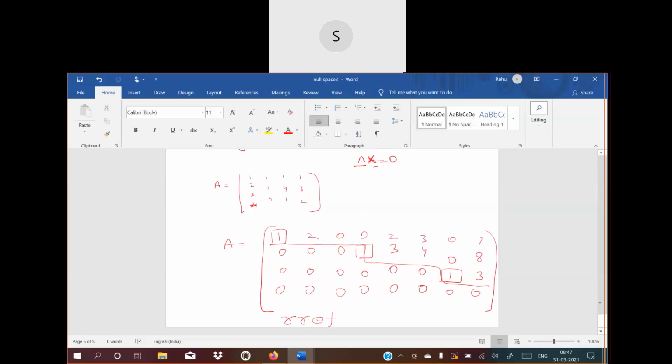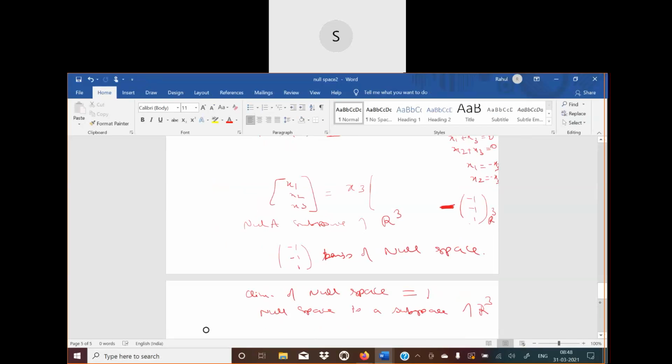How do you write x1, x4, x7 in terms of x2, x3, x5, x6 and x8? These are all free variables. How do you write that is my question. Just try, then I'll tell you the solution.